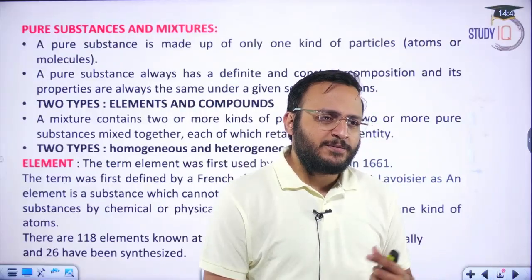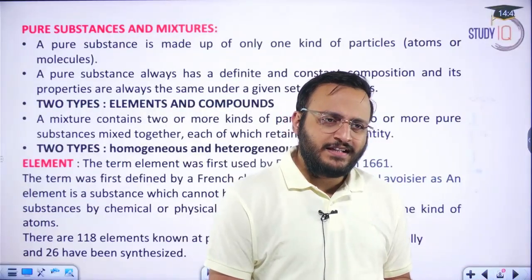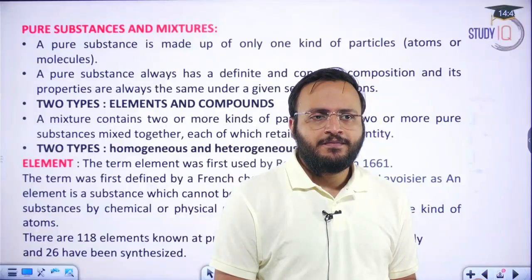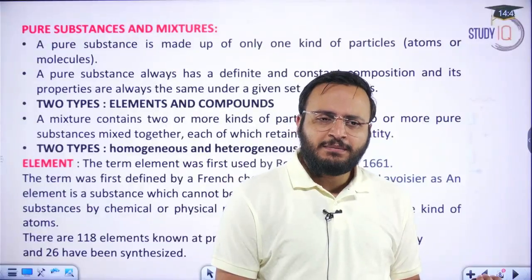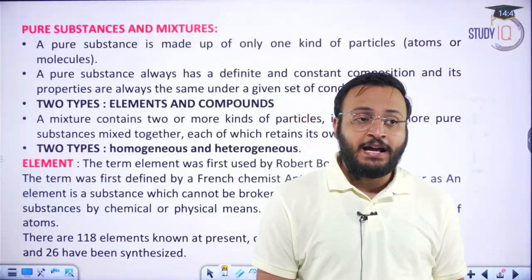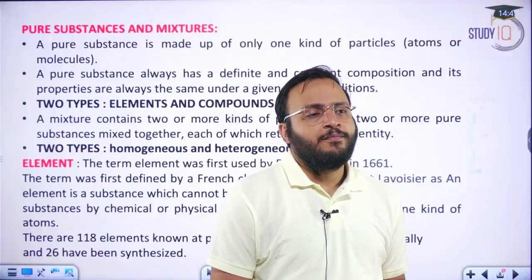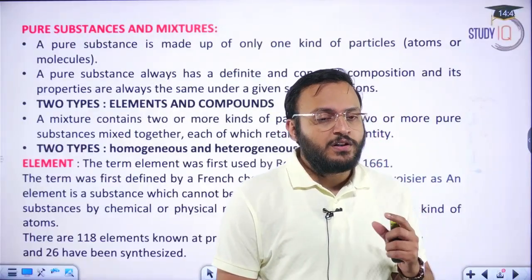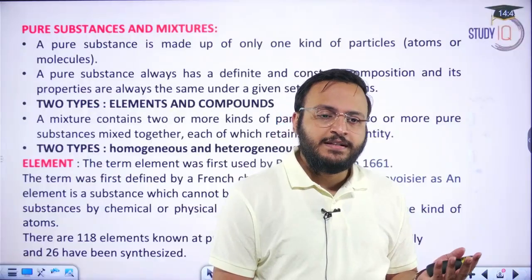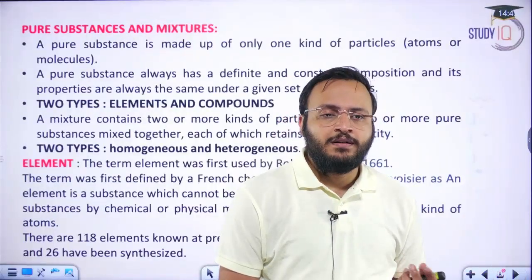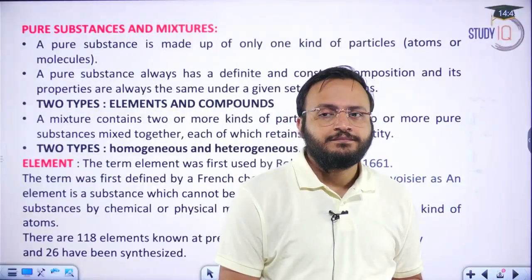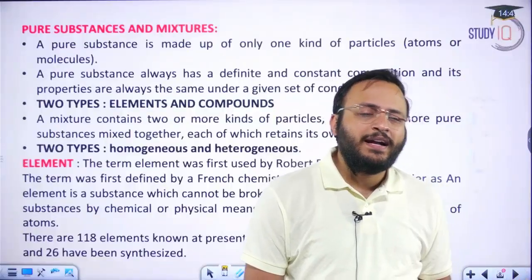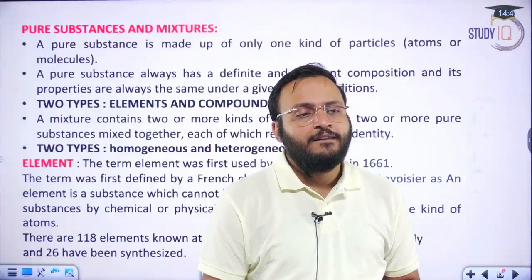Gold is a pure substance. Only gold is there, one kind of atom, isn't it? Carbon, only one kind of atom. Diamond, of course, one kind of atom, isn't it? Guys, I hope you got the point here. Carbon is having just one kind of atom, only carbon. Silicon, one kind of atom, only silicon.